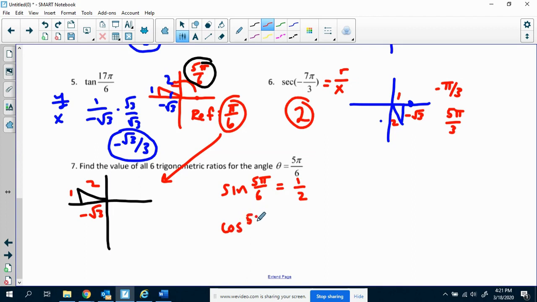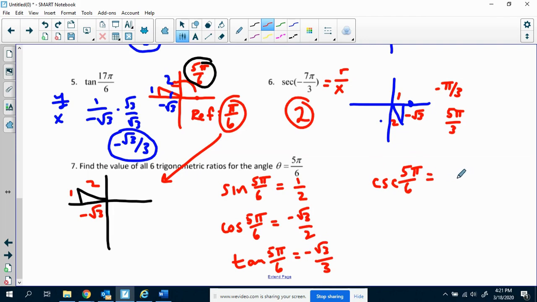Cosine of 5 pi over 6 is negative root 3 over 2. Tangent of 5 pi over 6 is negative root 3 over 3. We already found that. Cosecant of 5 pi over 6 is going to be the reciprocal of sine, so that's 2. It's also r over y, and r over y is 2 over 1.